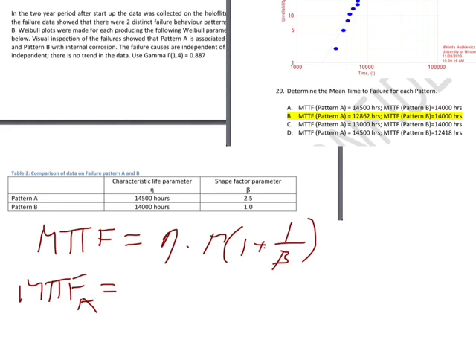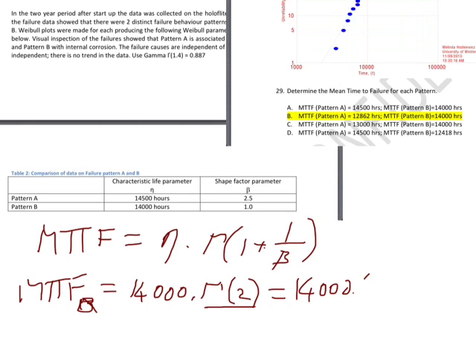Well, let's do B first because that was the easy one. MTTF B is equal to 1400 multiplied by the gamma function of 1 plus 1 over 1, which equals 2, which of course is equal to 14,000 times, what's the gamma function of an integer?